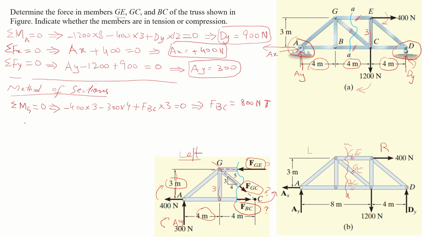So now we will look at this figure again, and we see that if we take moment about point C, first we have taken moment about G. Now if we take moment about point C, then two of the forces FGC and FBC are passing through point C. You can see here that these two forces will not produce any moment about point C. Only FGE will produce the moment.